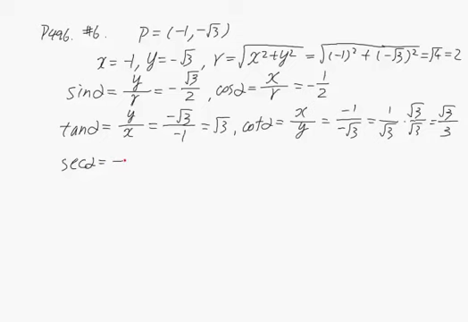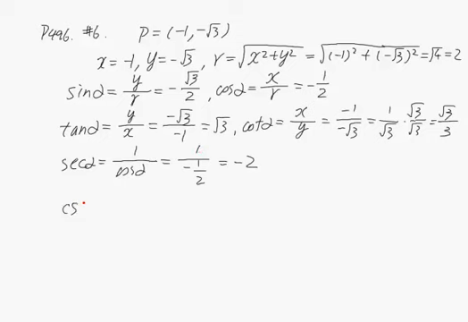Secant alpha is equal to 1 over the cosine alpha, and the cosine alpha is equal to negative 1/2. Then you finally get negative 2. Right, just flip the bottom to the top.